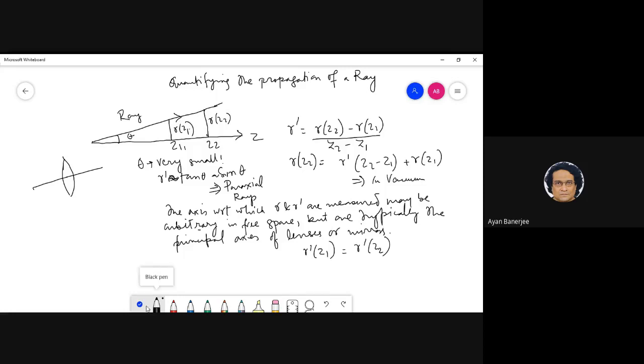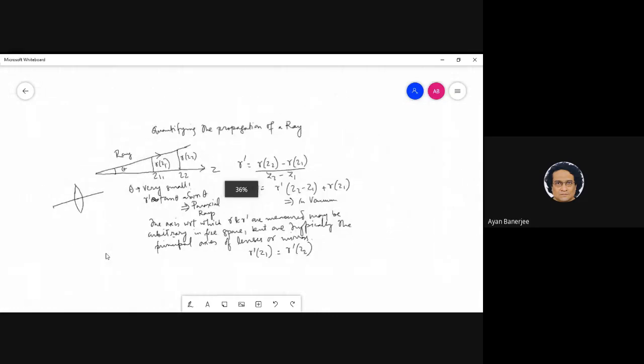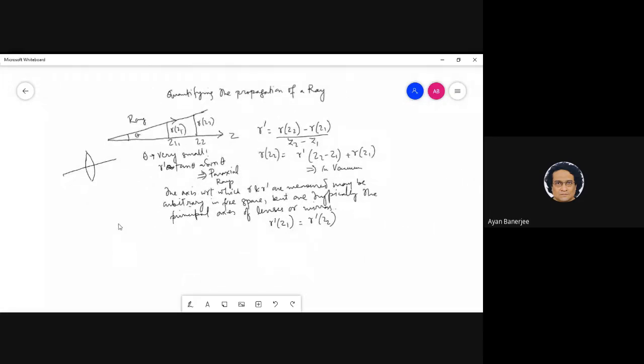And now comes the important way of describing this. Basically, I will write this in a matrix representation.